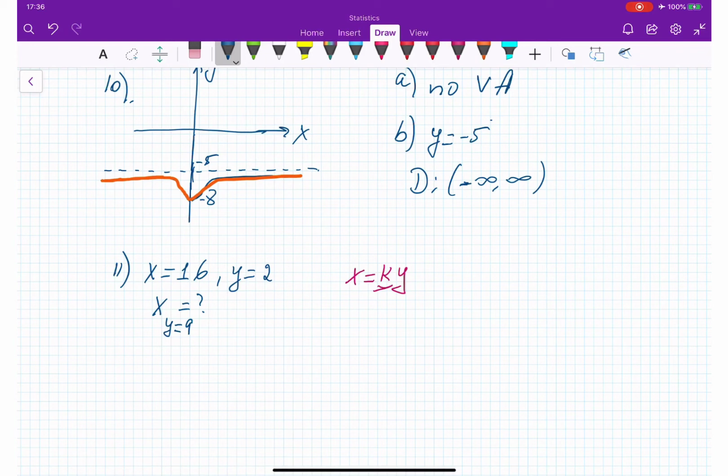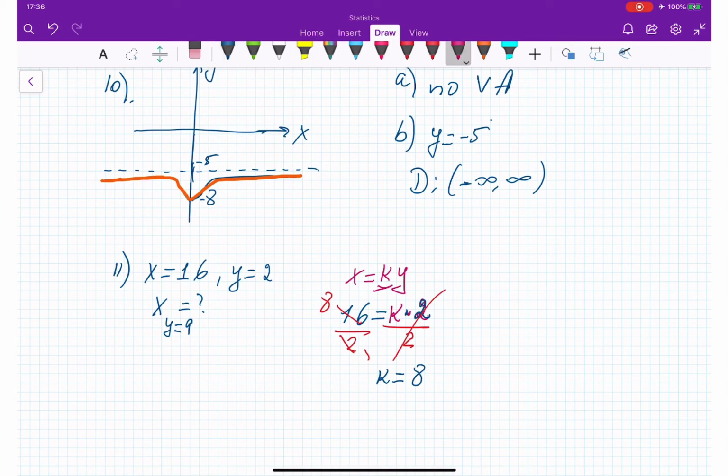So x equals 16 equals the variation constant times y equals 2. Okay, so from here k is going to be equal, dividing by 2, this 2 is gone with this 2, here is 1, here is 8, and our k is going to be equal 8, the variation constant.